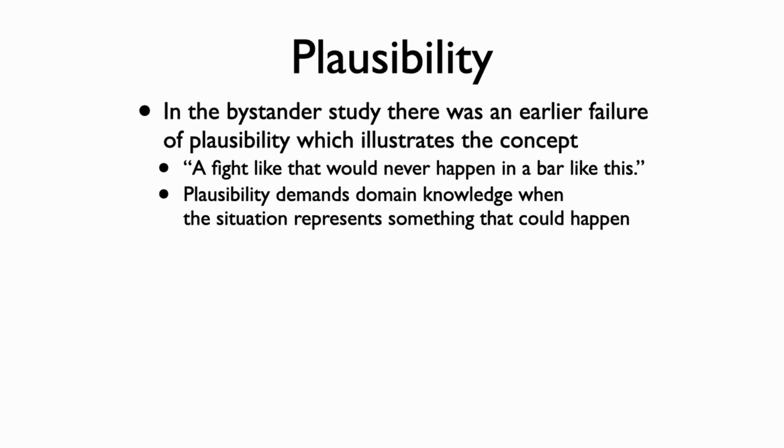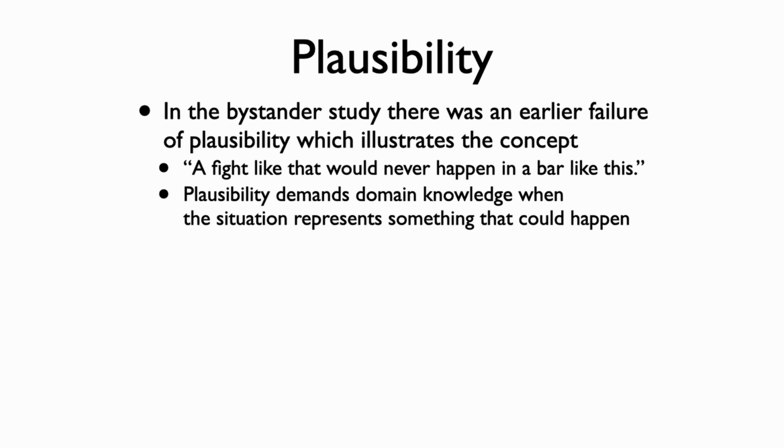Now I'm going to talk about plausibility a bit. In the bystander study, there was an earlier failure of plausibility in an earlier study that we did, which illustrates the concept. So for example, the first time we tried this study, it didn't work very well because many subjects said, a fight like that would never happen in a bar like this. Why? Because the bar didn't have the kind of decorations that it would be a place where football supporters visited.